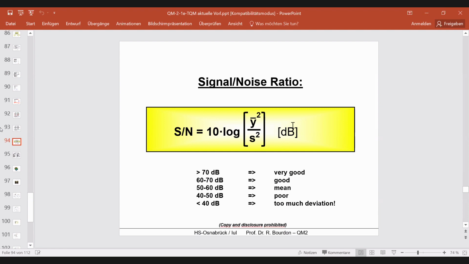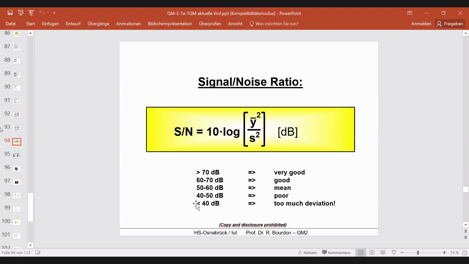Now, if an experimental run has a signal to noise ratio larger than 70 dB, then this is very good. 60 to 70 dB, it's good. 50 to 60, it's mean, and below 50, this is not so good. It's a more poor robustness.